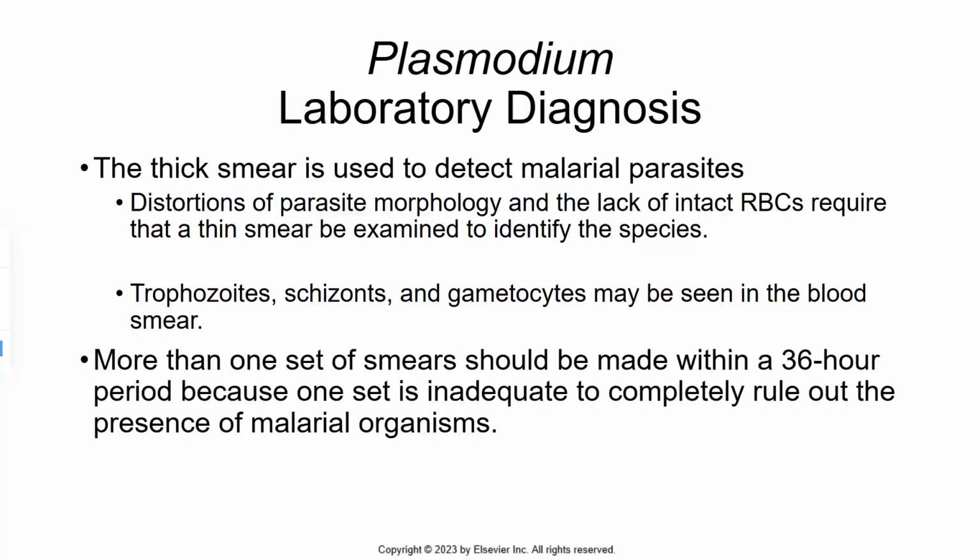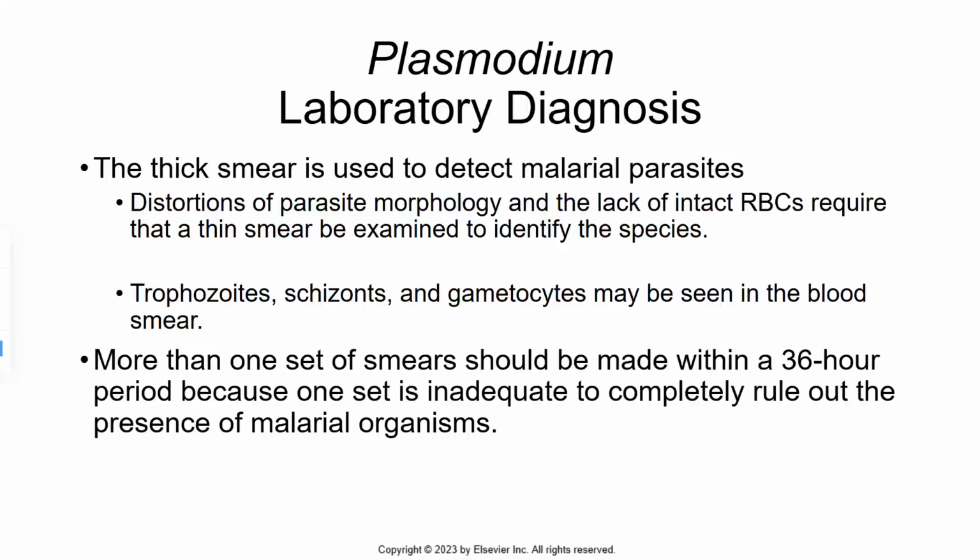As I mentioned, when they leave the liver, they're going to go inside of your red blood cells. And when they're inside of your red blood cells, sometimes those red blood cells will get weighted and sticky, and they'll actually stick to the inside surface of your blood vessel walls.